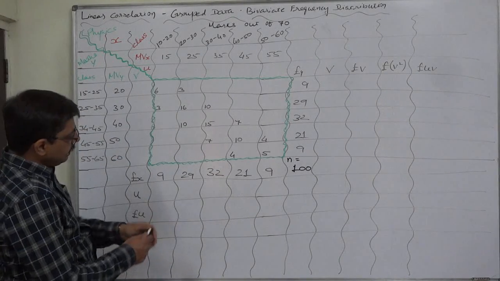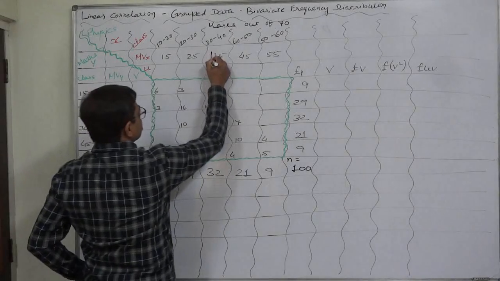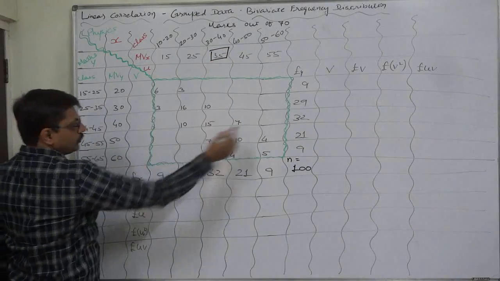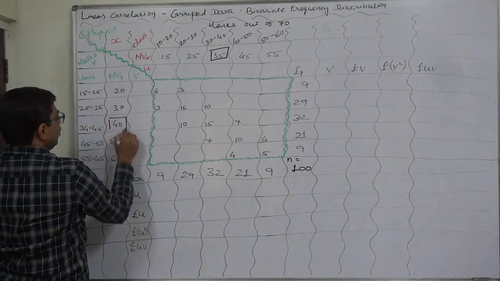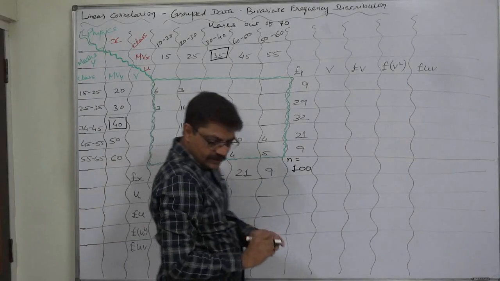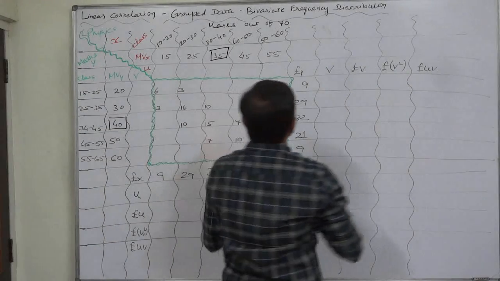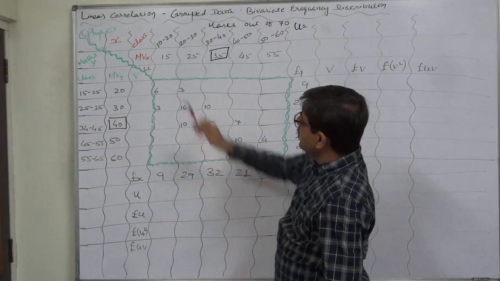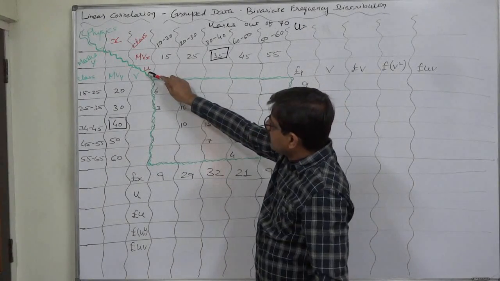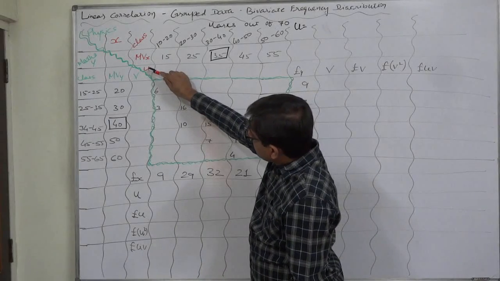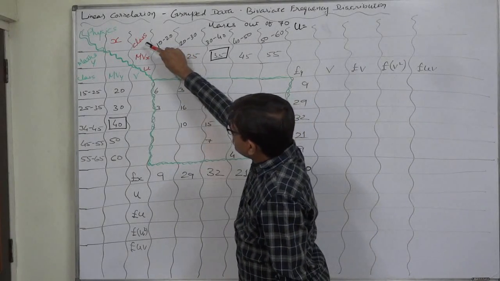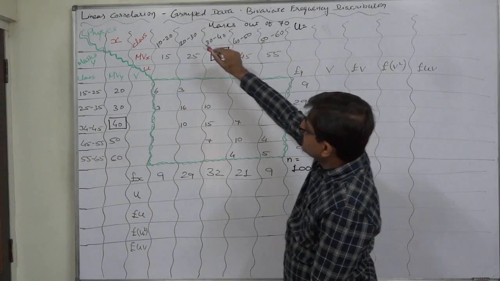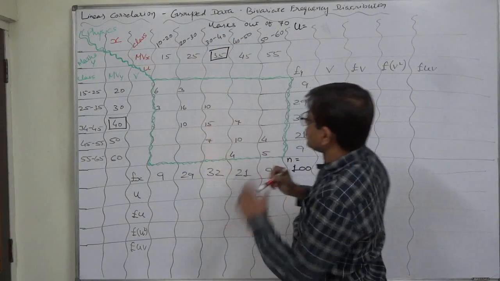Always select the mid value against the highest frequency as assumed mean. And now the definition or formula of U and V is very simple. U is the new variable after changing the origin and scale of variable x.